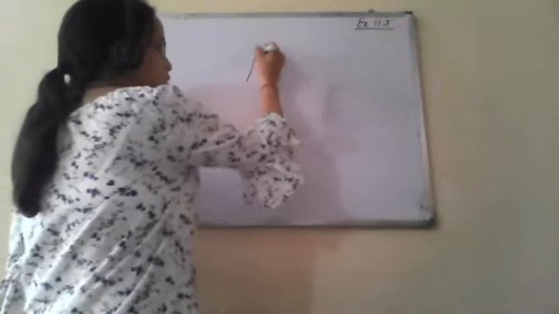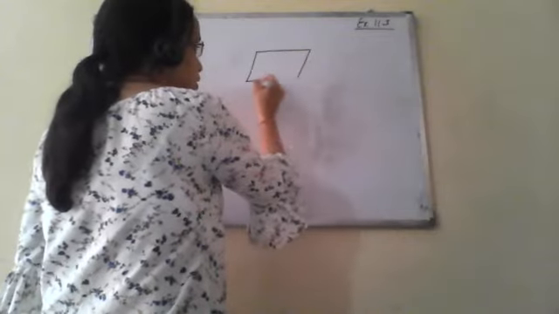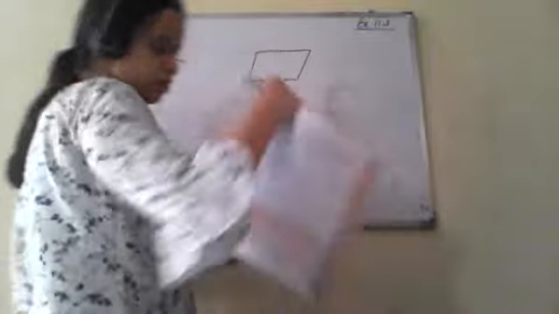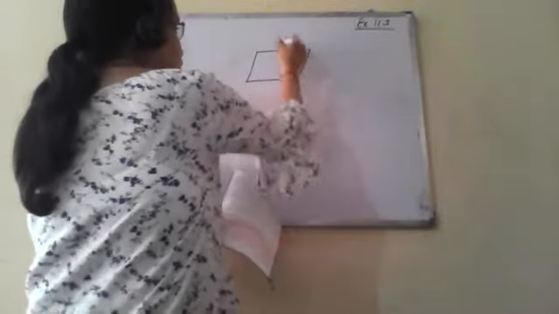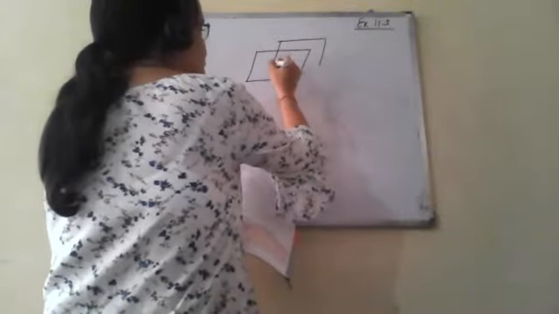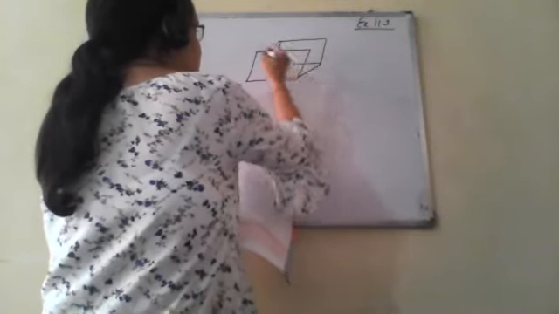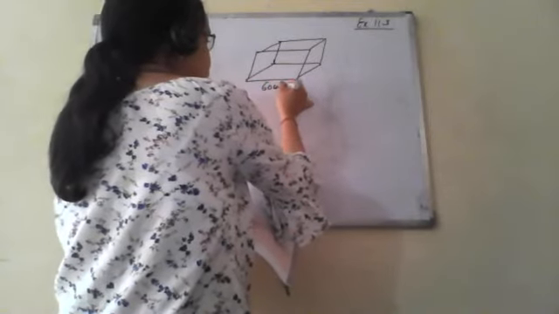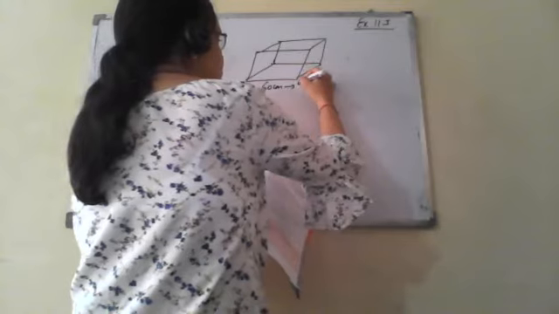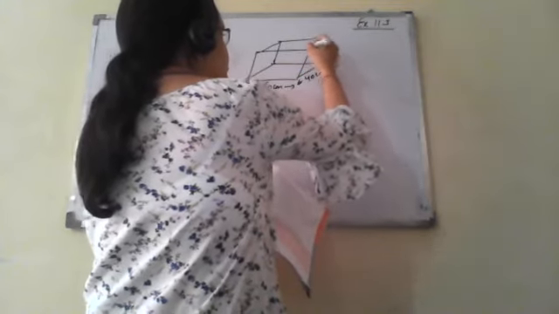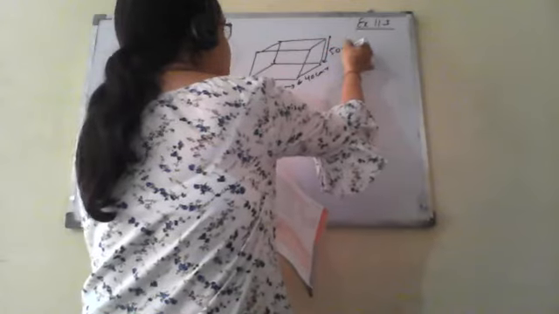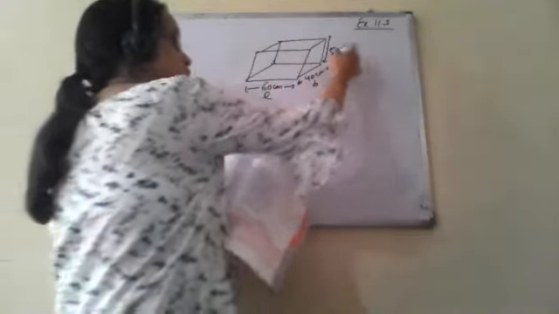Figure A is 60 centimeter, 40 centimeter, and 50 centimeter. In case this is L, this is B, this is H.